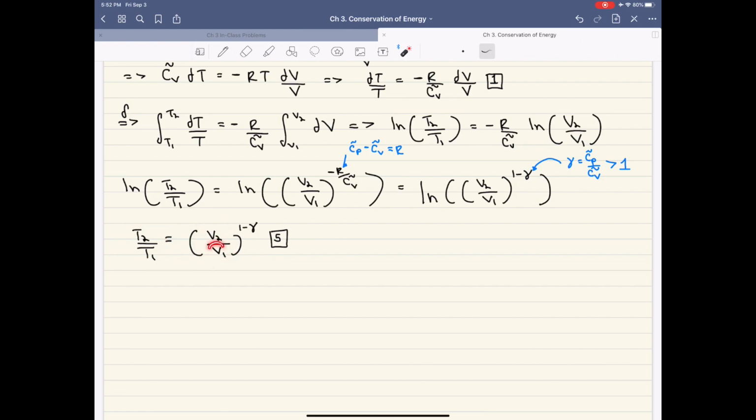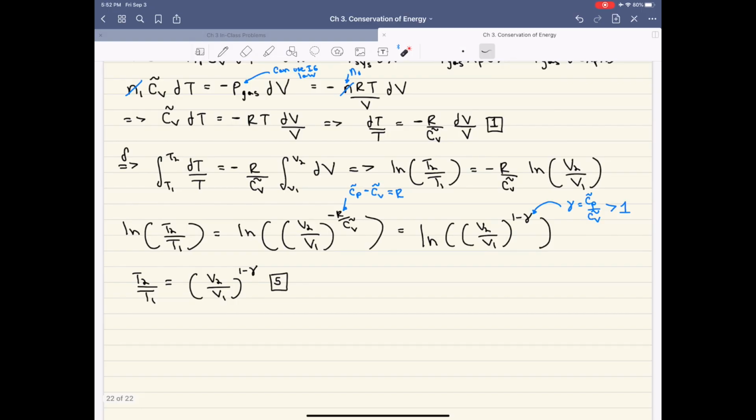In fact, we know volume 1, volume 2, and we know T1. And for this 1 minus gamma thing, if we are using a constant volume heat capacity of about 20.7 joules per mole per Kelvin, we could use that to calculate CP.